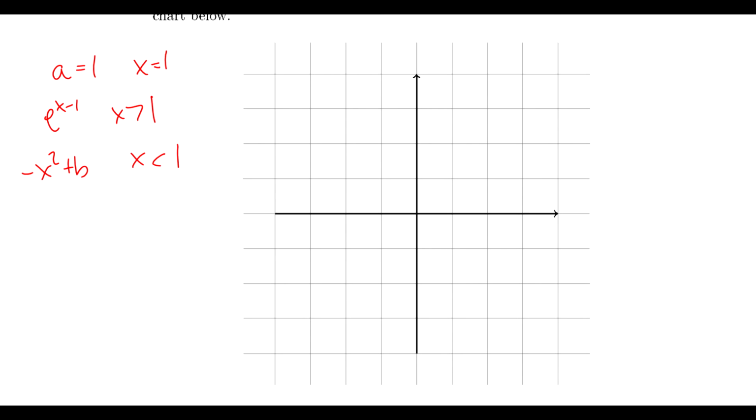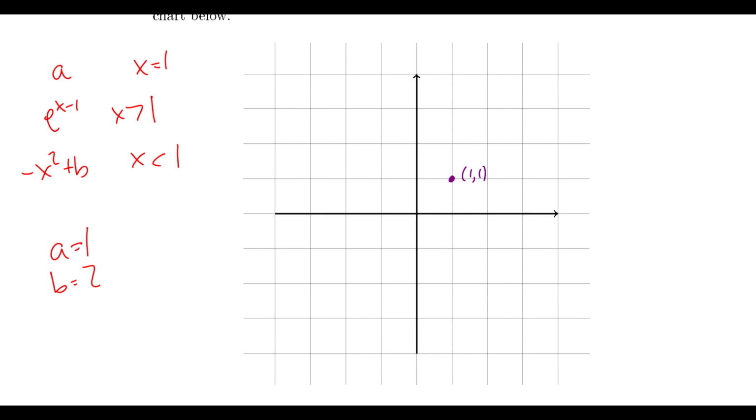And of course, I should write a is equal to 1 and b is equal to 2. So now we should draw this. Well, okay, if x is equal to 1, then a is equal to 1, so we're going to have a point at 1, 1 here.